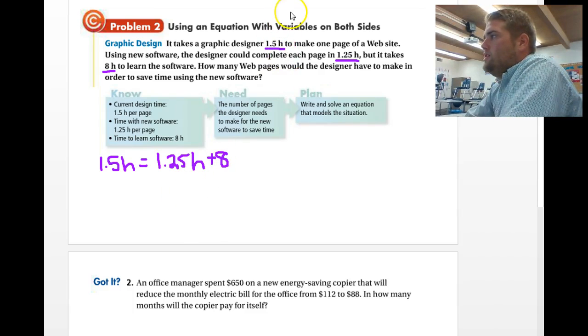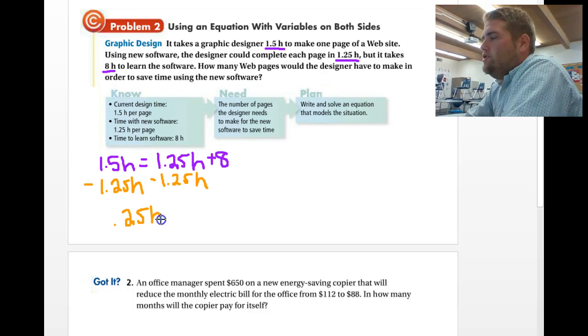So I want to get my h's on the same side. So I'm going to subtract 1.25 h, and I am left with 0.25 h equals 8.